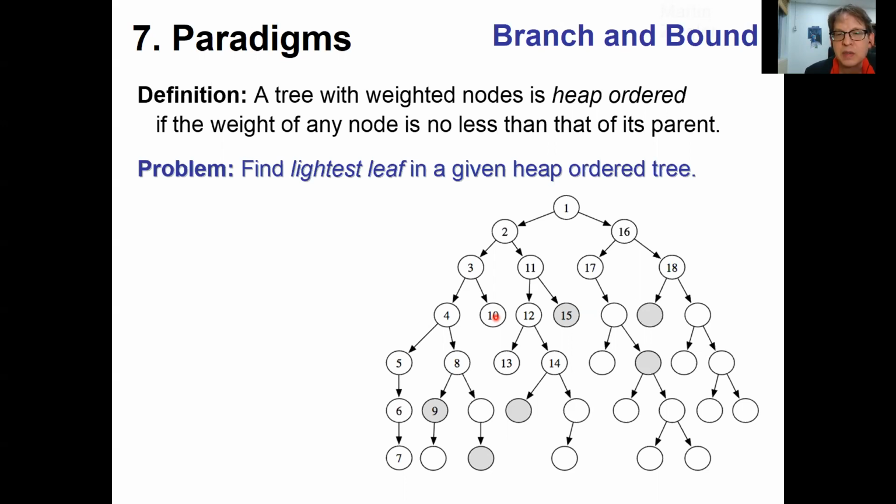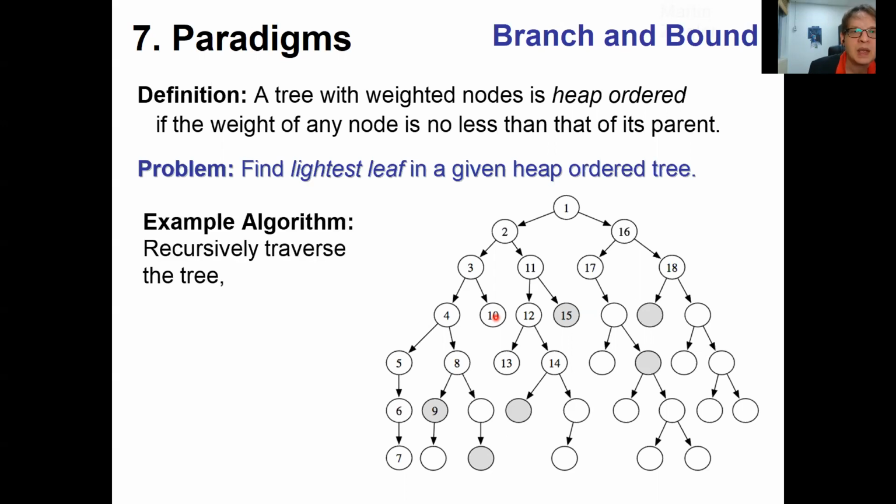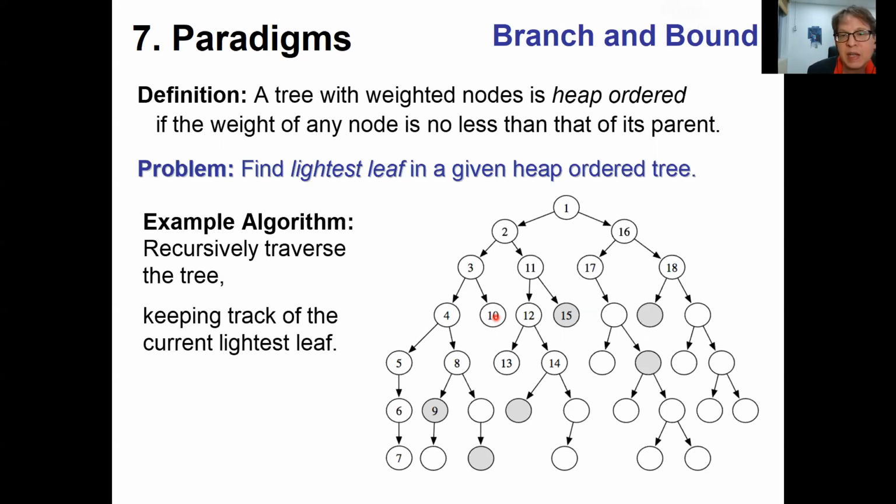ordered tree. So here we're interested in leaves, and the example algorithm is to recursively traverse that tree, keeping track of the lightest leaf, like with the maximum search.